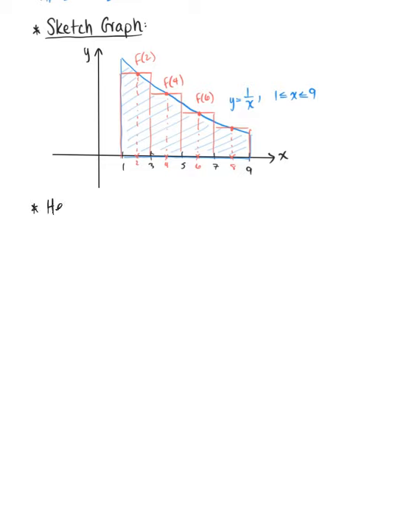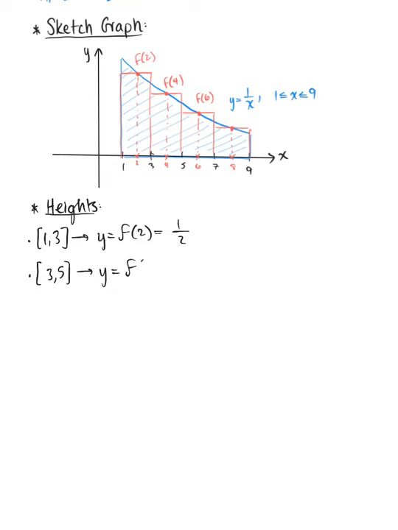So the heights, again, we're using the midpoints. In our first interval, 1 to 3, we want to calculate the height at 2. This gives us 1/2. In our second subinterval from 3 to 5, we want the height at the midpoint, which is 4.